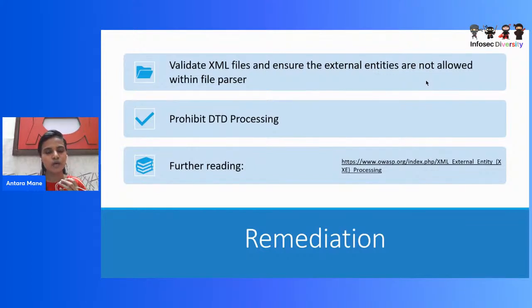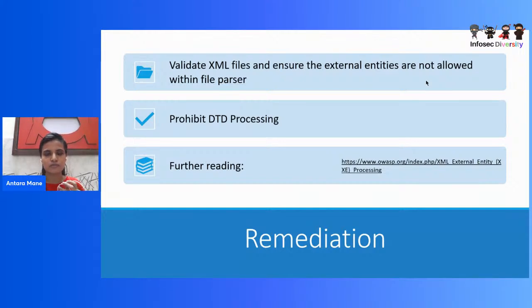To remediate XXE, validate the XML files, and ensure that external entities are not allowed within the file parser. Modifications to the external entity should be blocked, and DTD processing should be prohibited. The document type definition contains the information of the structure and the attributes of XML files, right? So that should be blocked. There are further readings to it.